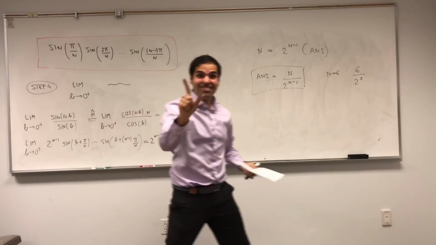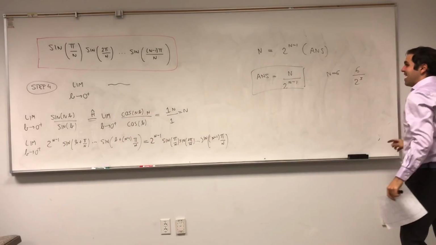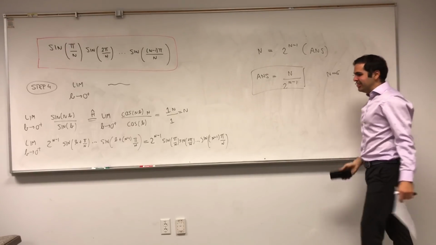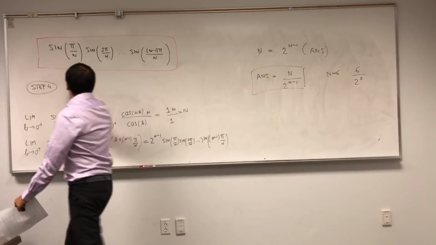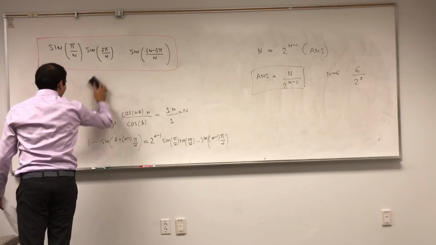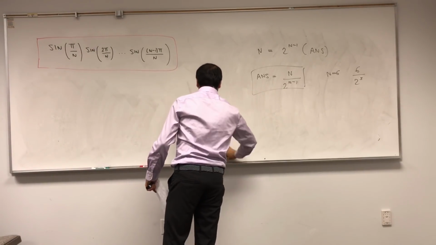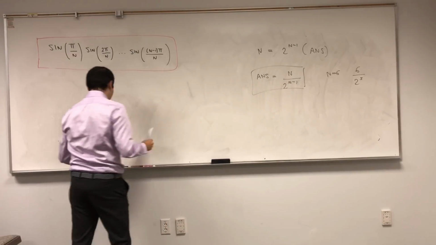But wait, there's more! Because you may ask, okay, how cute, you found this formula, but what is this useful for? Let me not quite reveal it yet, let me show you. Let's start with this equality and see what happens.